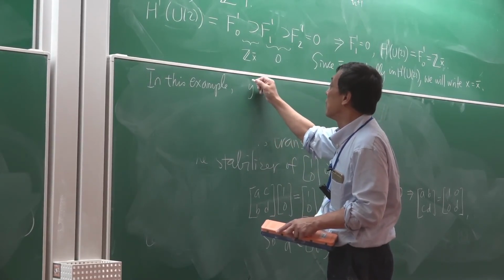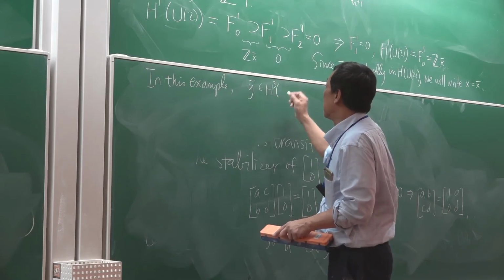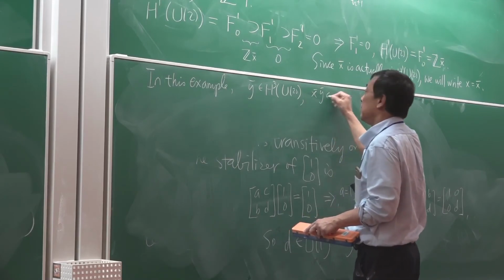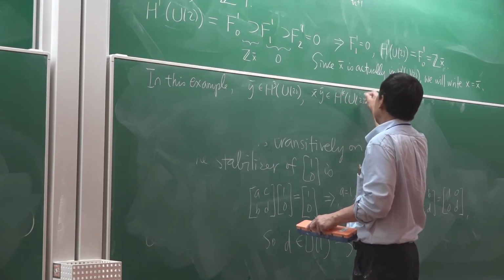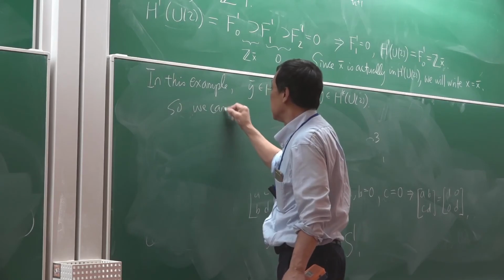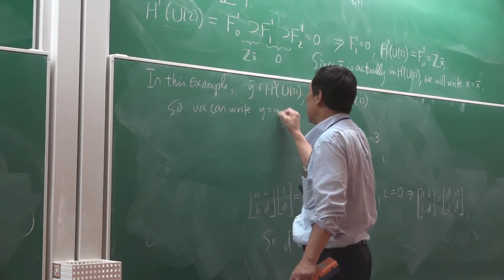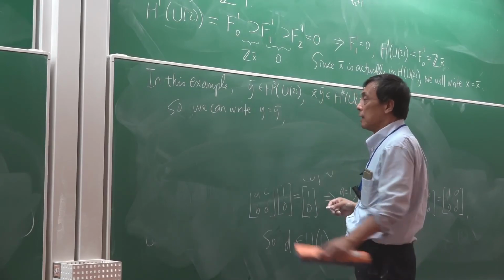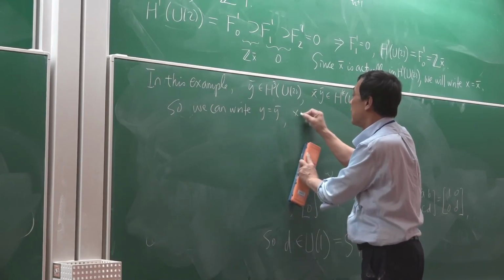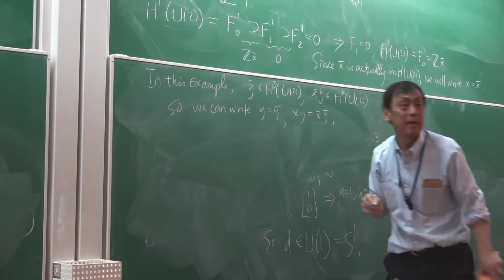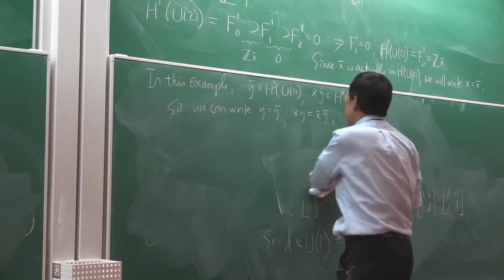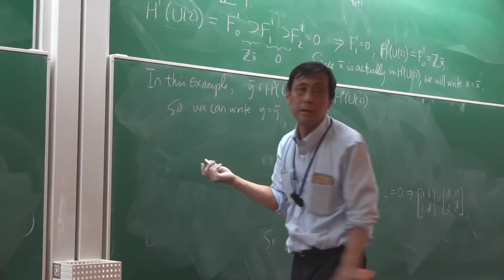So y bar is in H3, and x bar y bar is in H4. So we can write y is y bar, and xy is actually x bar y bar. You're taking the equivalence class by 0. And so it gives you the ring structure.